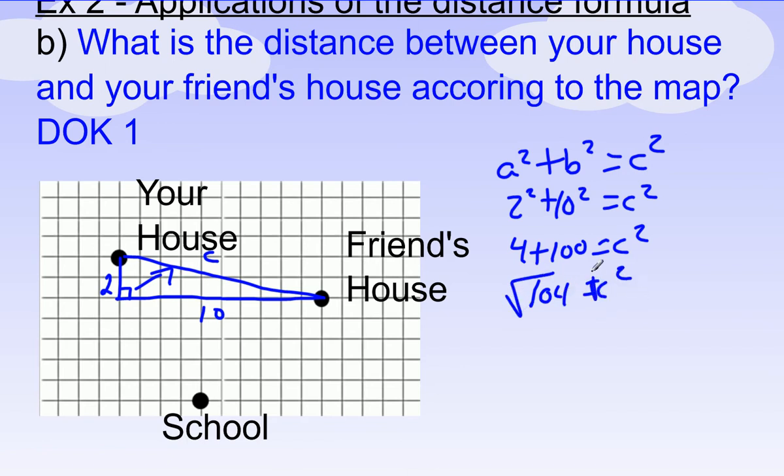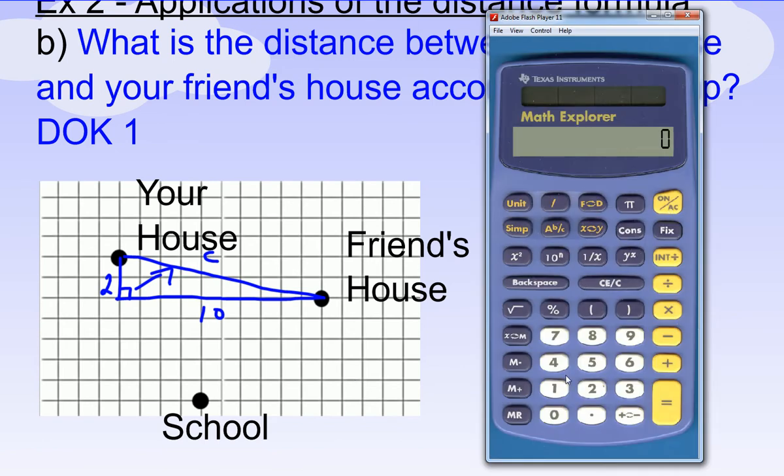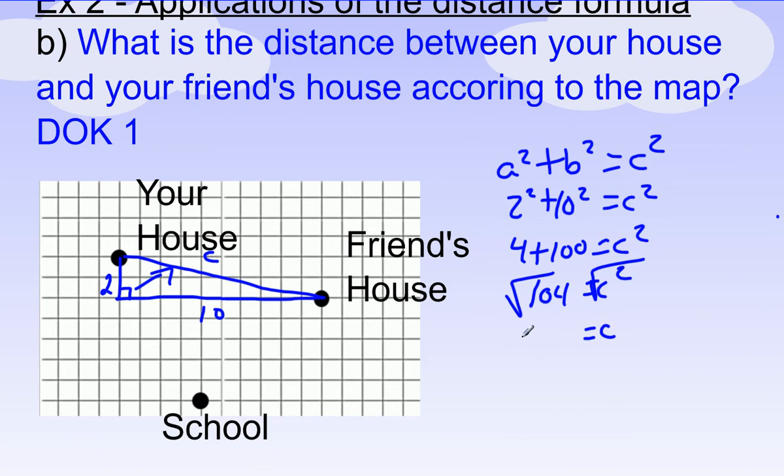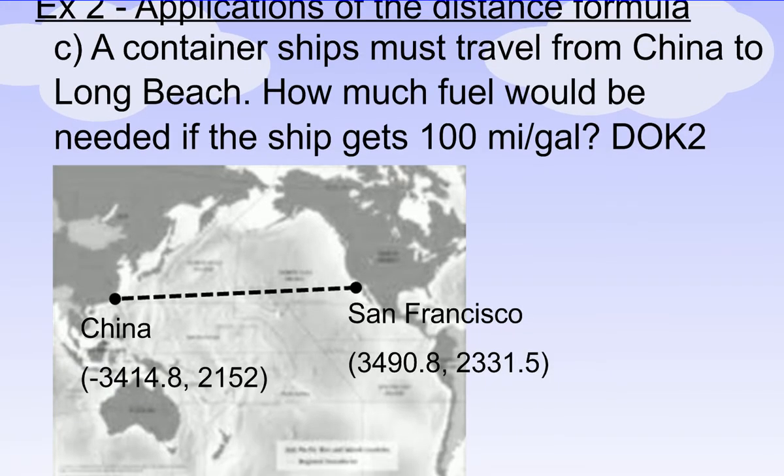And if I square root each side, c equals the square root of 104, which is 10.198. We'll make it 10.2. If you did the distance formula, you should get the exact same answer, just a different method. Okay, not bad. That was pretty easy. What about this guy?